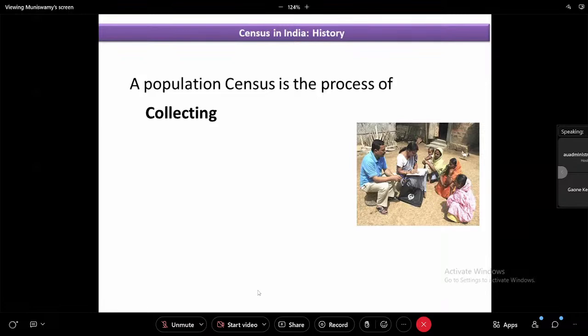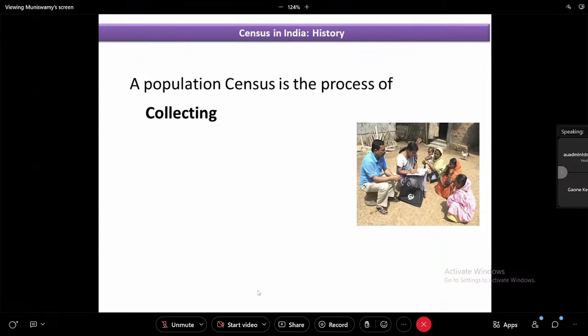Qualitative means there is no measurement. For example, I want to measure honesty, beauty, intelligence quotient. IQ I want to test. So these are all not measurable. It is qualitative data. But this qualitative data we can convert into quantitative data by assigning ranks.